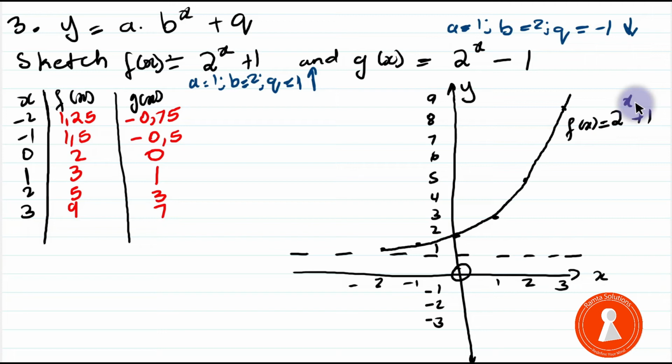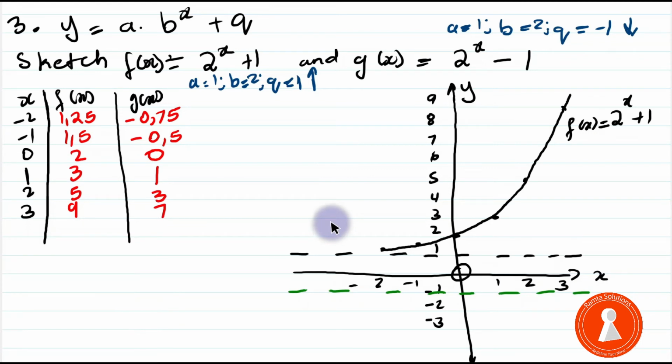Now let's look at g of x, 2 to the x minus 1. I'm going to change the color, so let me give it a green one. It's -1, so this means normally your asymptote is here, but now it has shifted 1 unit down, so it'll be passing at y equals -1.